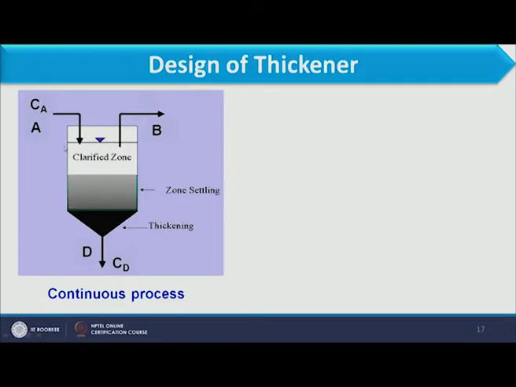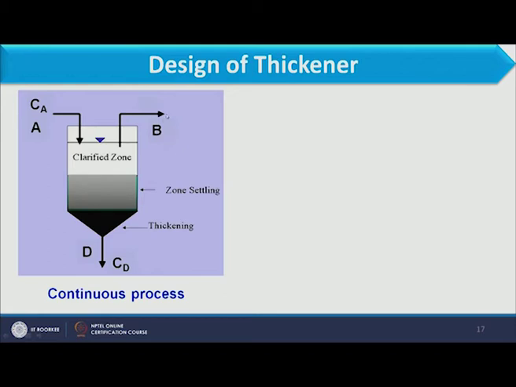So here we have the continuous process, where we have the thickener where feed enters continuously and zones will be formed inside the tank, and at the bottom we have the thick sludge. So that is taken out continuously. So here we have the inlet volumetric flow rate A with the concentration Ca, and sludge is taken out with the volumetric flow D with the concentration Cd, and we have the formation of clear liquid as B stream.